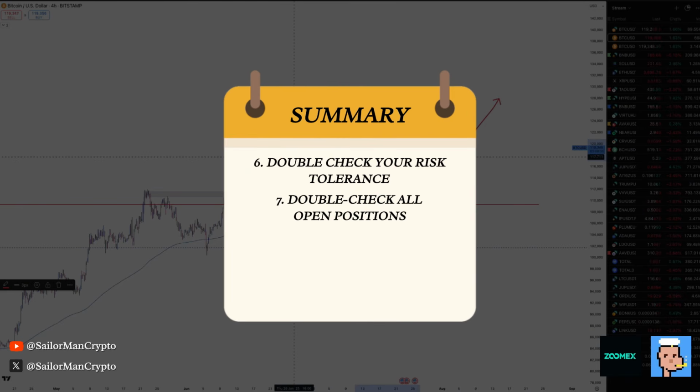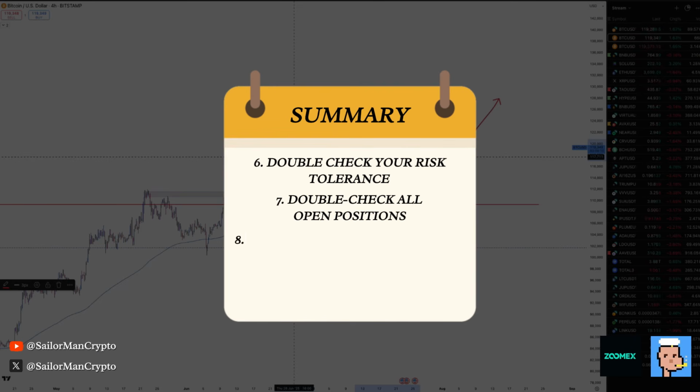Because whatever bias you make, whatever your plan is for the week, remember that it can be wrong. Actually, you have to always start with the assumption that your plan is wrong, and always be ready for the worst case scenario. So never lower your guard.